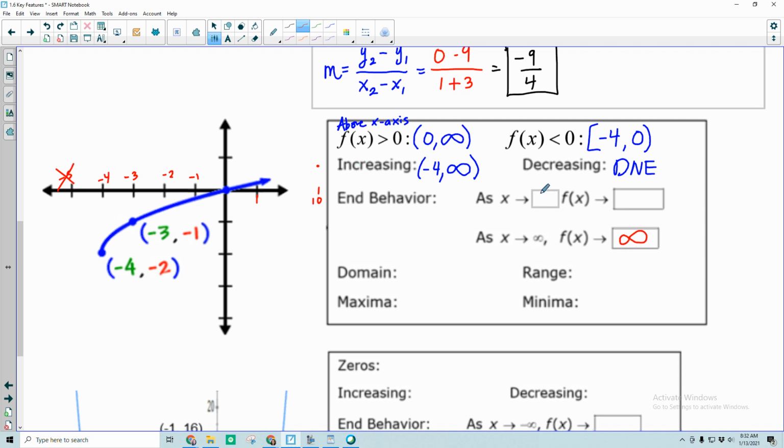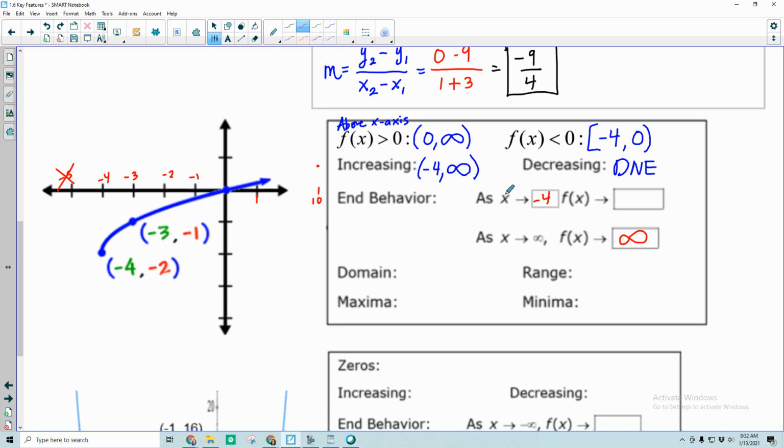So what I'm going to say is my end behavior, the end of this function, just like the end of this function over here went to infinity, the other end of this function has to stop at -4. That's where my x values have to stop. So when I get to -4, what's happening to my y values?